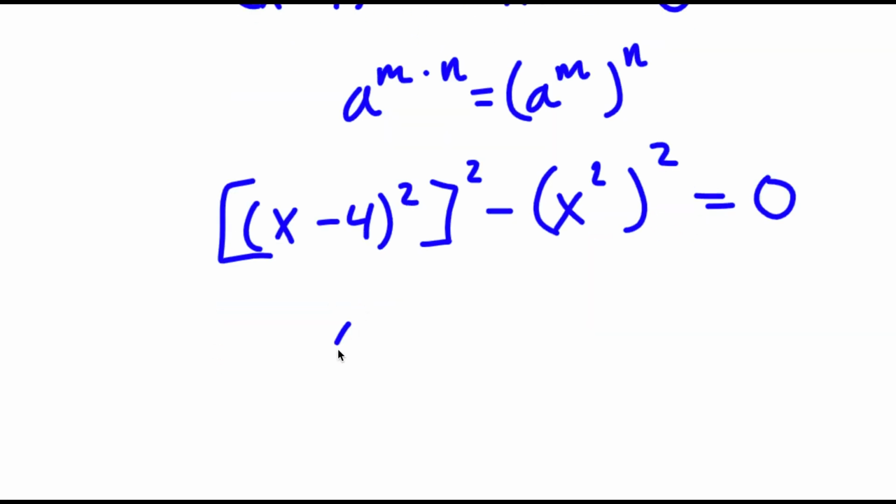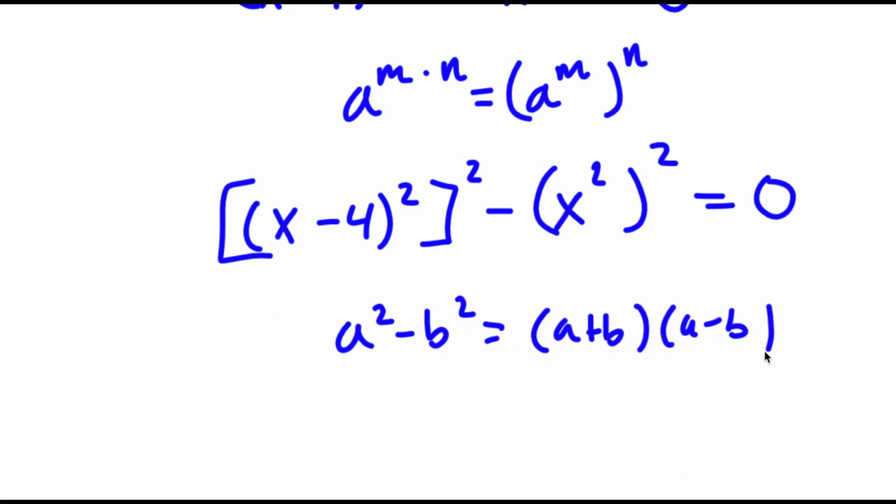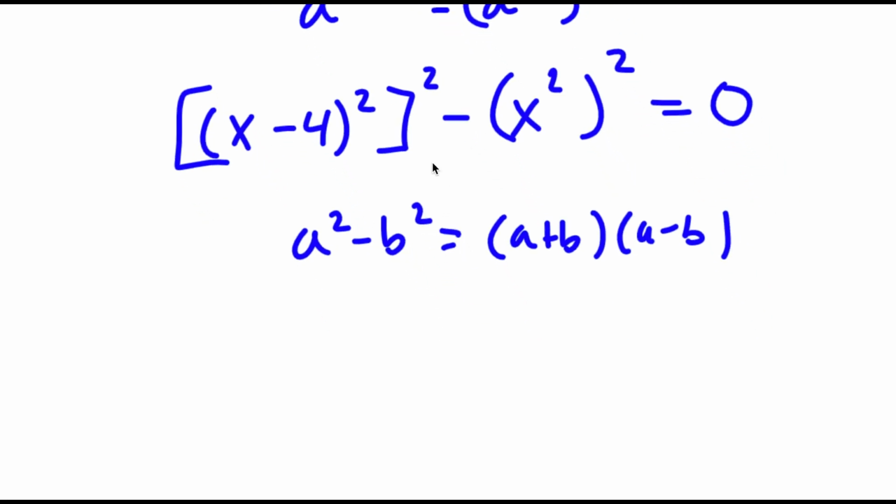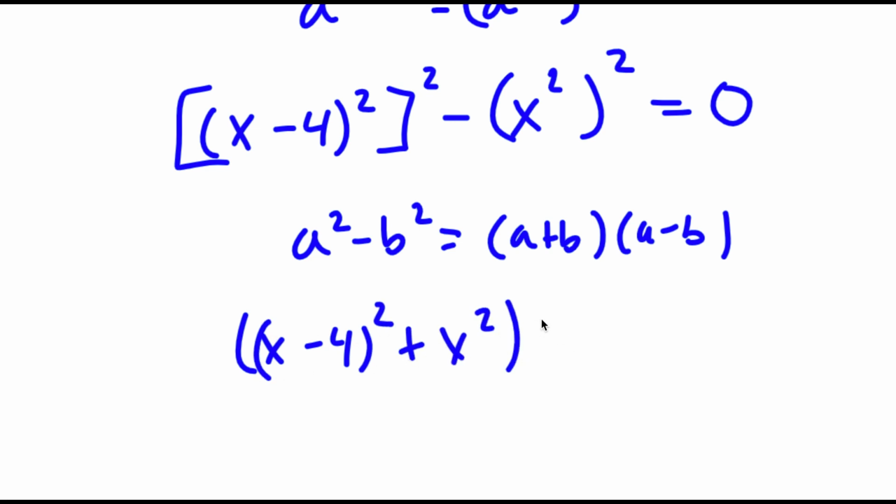Now if I have something in the form a squared minus b squared, this is equal to a plus b times a minus b. So x minus 4 squared to the power of 2 minus x squared to the power of 2 is going to equal x minus 4 squared plus x squared times x minus 4 squared minus x squared.